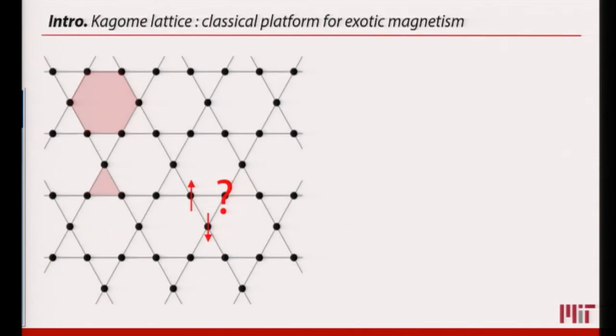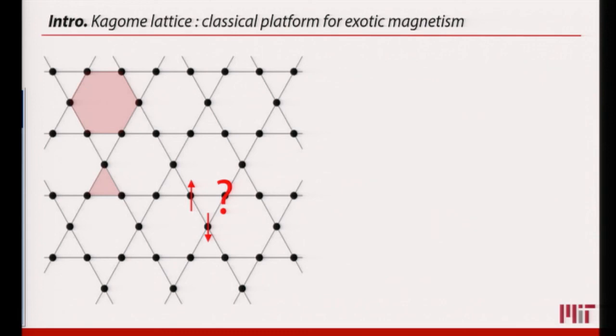So this is the Kagome lattice. It's also called the tri-hexagonal tiling. The name comes from the fact that it's a tiling of triangles and hexagons. It's a lattice that has some connection to the triangular lattice.